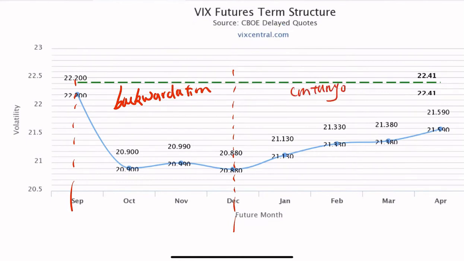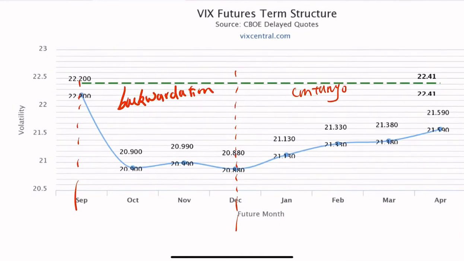So why do we have Contango here? Well, look at this, right? Again, we just pick two futures. So here you can see that the March futures has a higher volatility compared with the February futures.